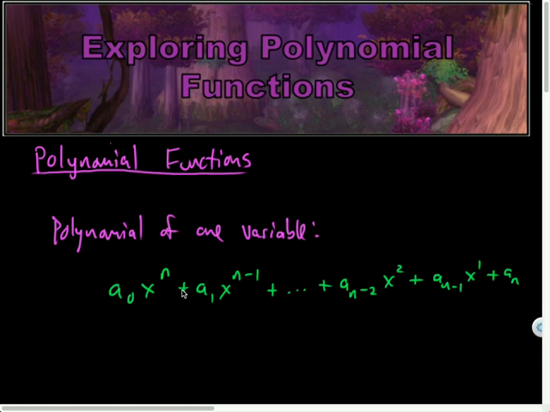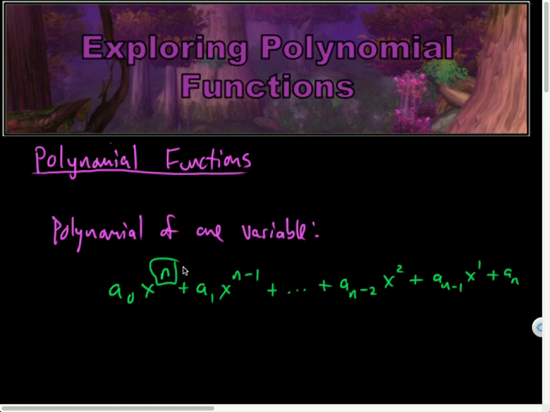And I'd write it in standard form, highest exponent all the way to lowest exponent. If I asked you what the leading term was, you would say it's this one. If I asked for the leading coefficient, it would be the coefficient of the highest degree term. If I asked what the degree of the polynomial was, it would be n.